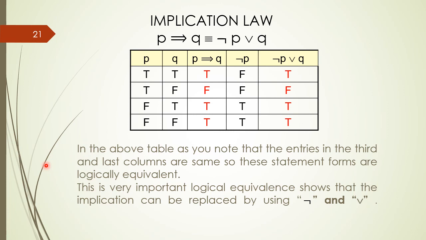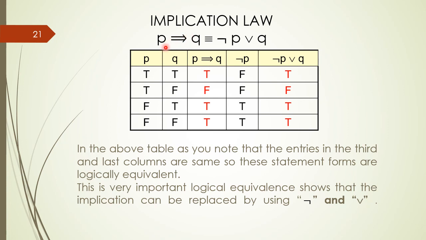So what the implication law says is that P implies Q is logically equivalent to not P or Q. In order to prove that, we can construct the truth table for both expressions.